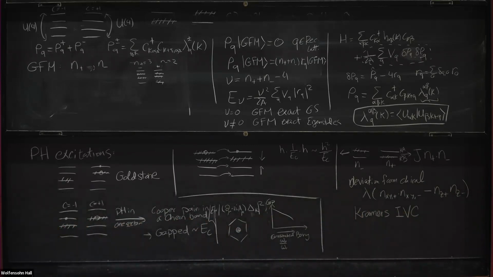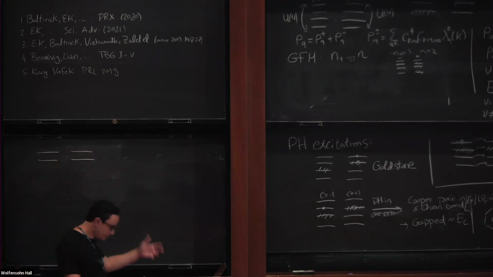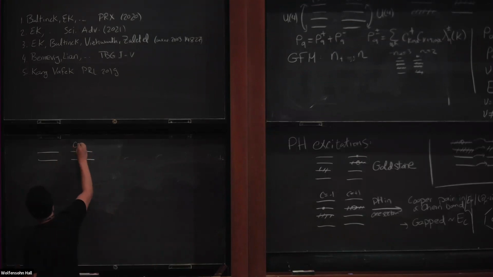And maybe we can engineer other moire systems which actually have the ingredients that give us this mechanism. To explain this mechanism, I'll take a simpler toy model, although most aspects survive in the full model. In this toy model, I have two bands per sector, Chern plus and Chern minus.